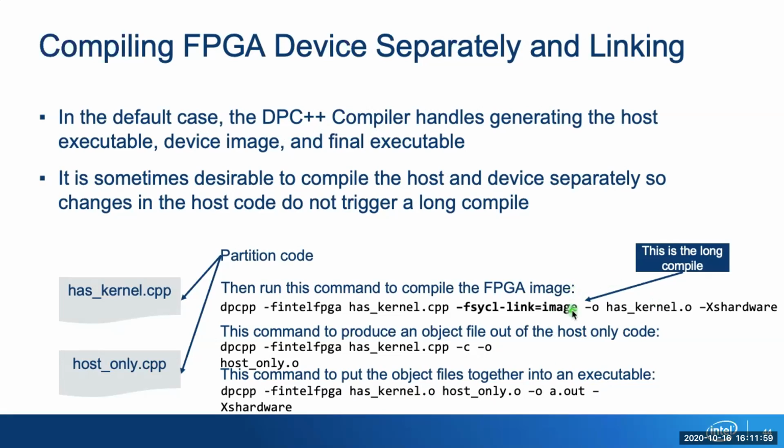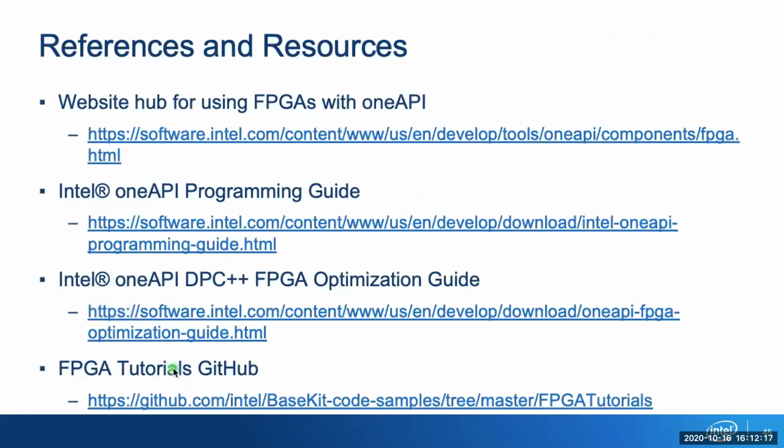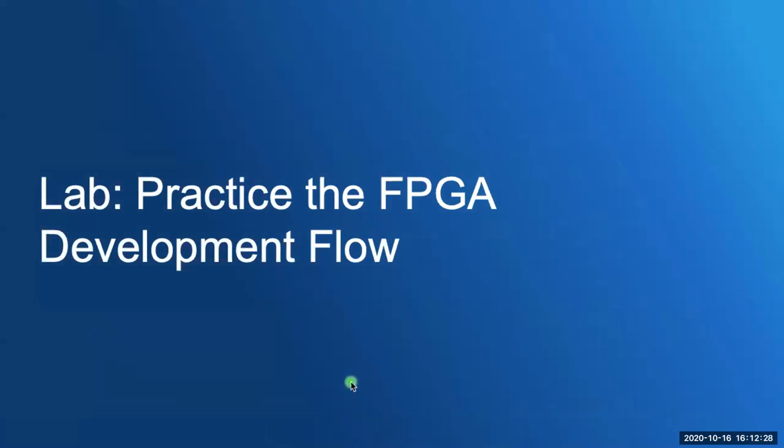You can separate the files because this parameter will generate the bitstream with the long compile, so you can partition your code to avoid recompiling host-only code. Here are some references and resources about FPGAs on oneAPI. And now you're going to the first lab, the FPGA development flow.